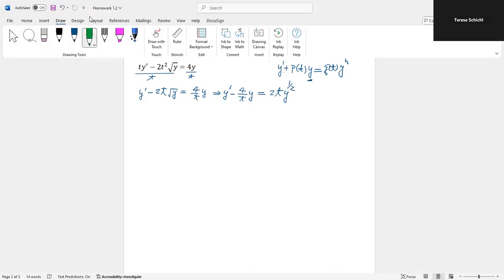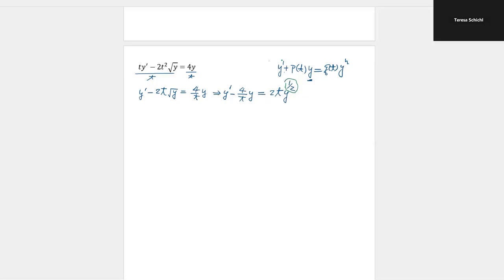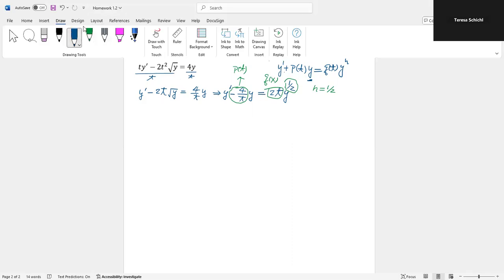Now if you compare to the Bernoulli equation, n is equal to 1/2, this is my p(t), and this is my q(t). Because this is Bernoulli, let's apply the approach.